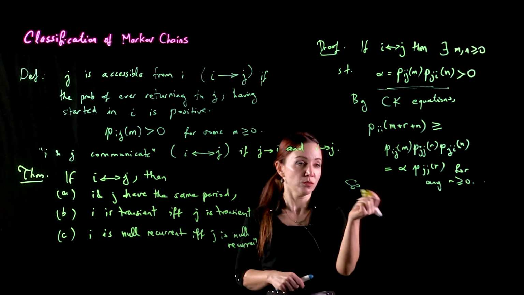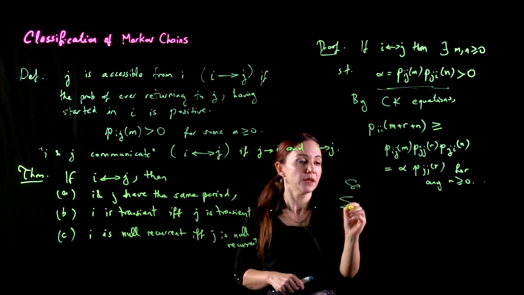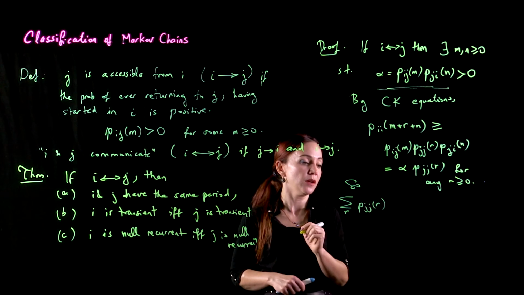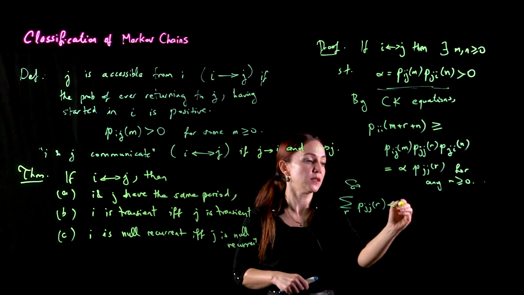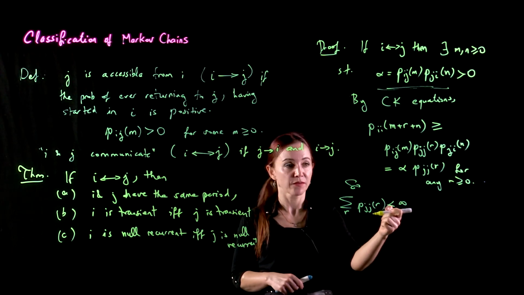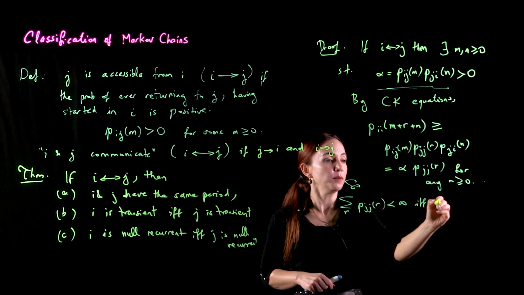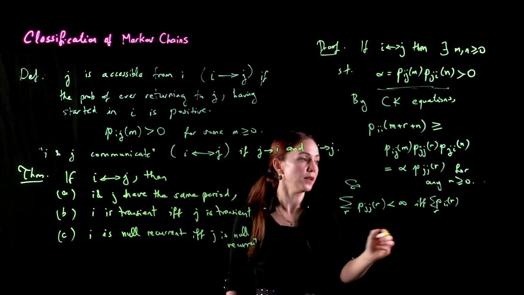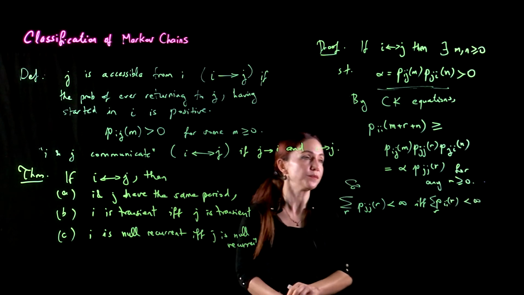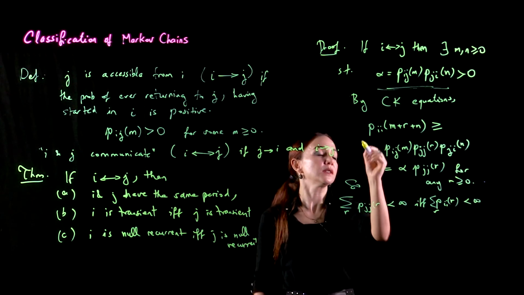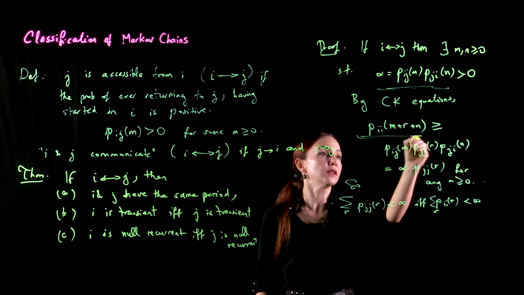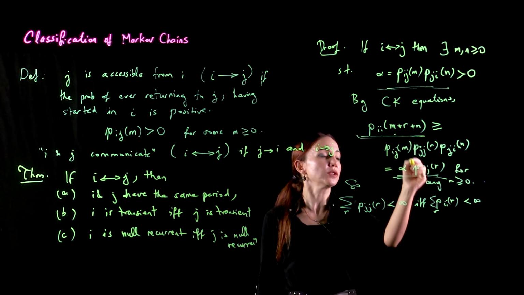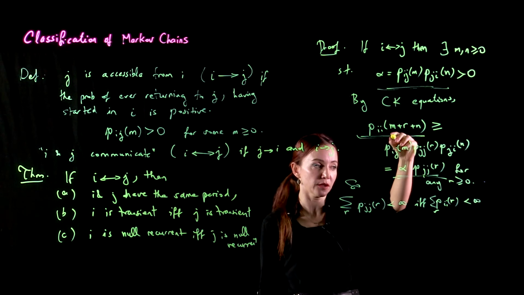A consequence of this is that the summation over R of Pjj of R is convergent if and only if the summation of Pii is convergent.